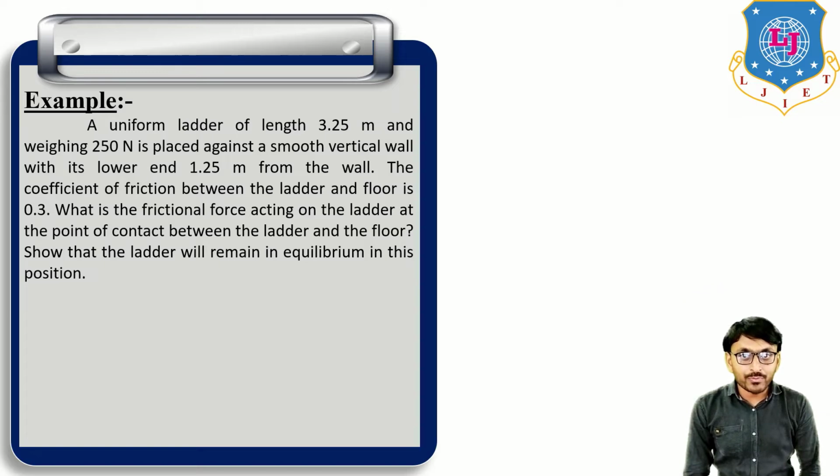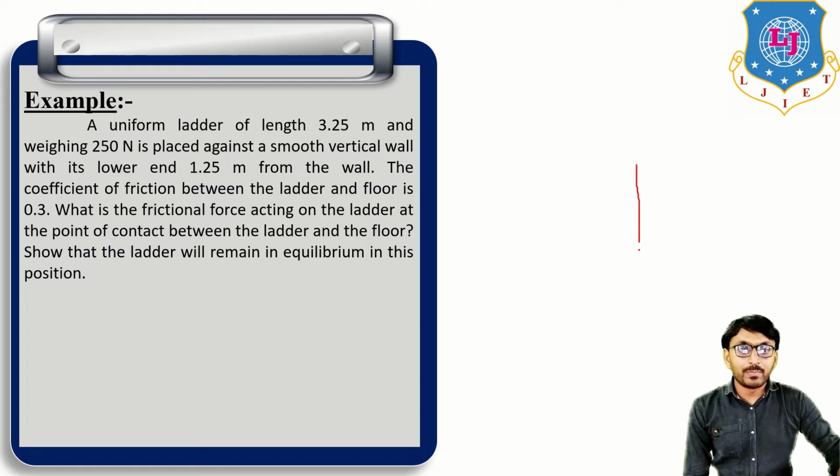The coefficient of friction between the ladder and floor is 0.3. What is the frictional force acting on the ladder at the point of contact between ladder and floor, so that the ladder will remain in equilibrium in this position?